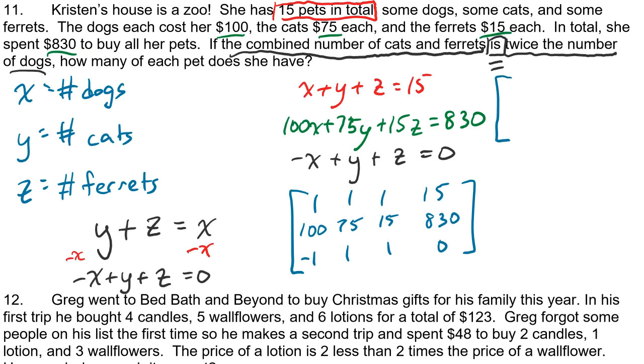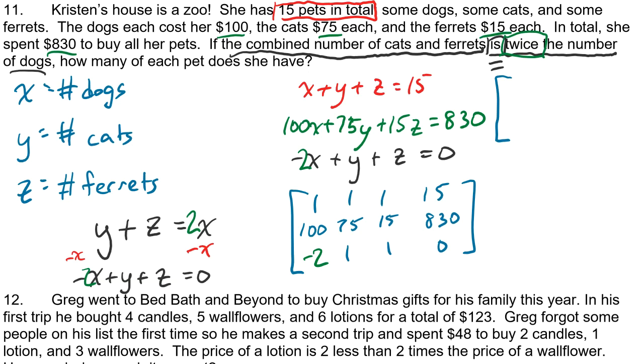Oops, sorry, before we put it in our calculator, one thing I did mess up on, it's supposed to be twice the number of dogs in that last one, so it should have been a 2 with the x. So in our final matrix, it's supposed to have a negative 2 right there. Sorry about that, but we should have that 2 with the x for twice the number of dogs.